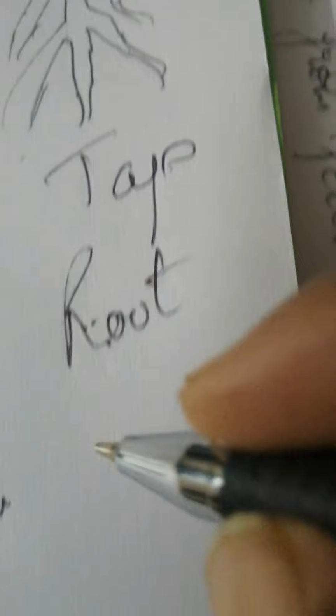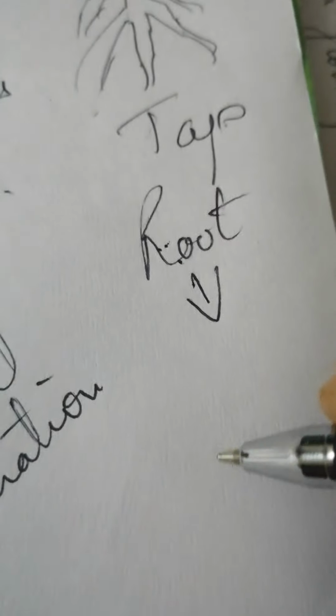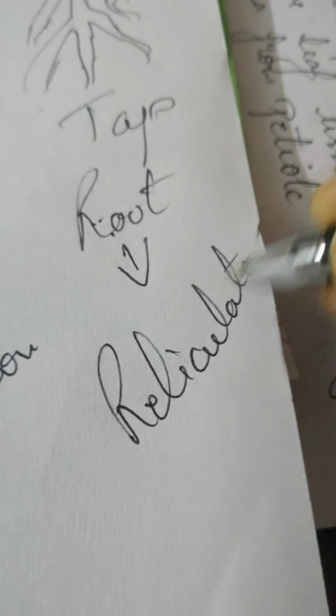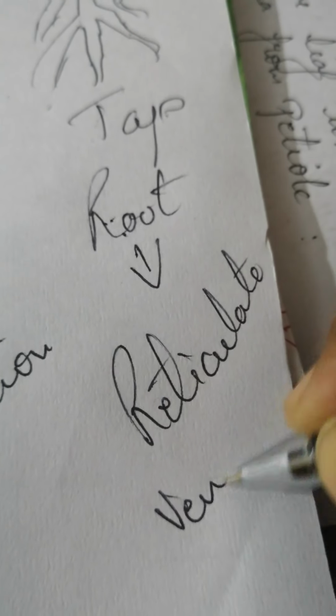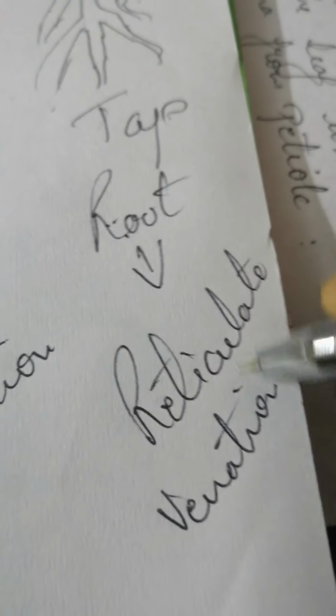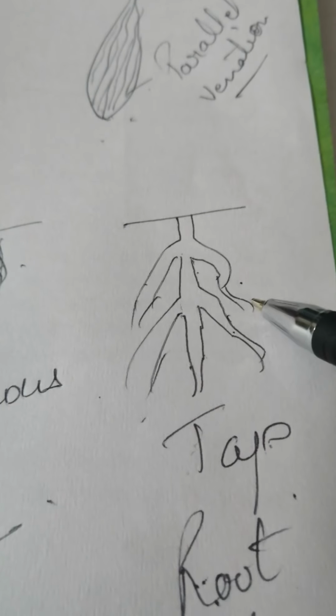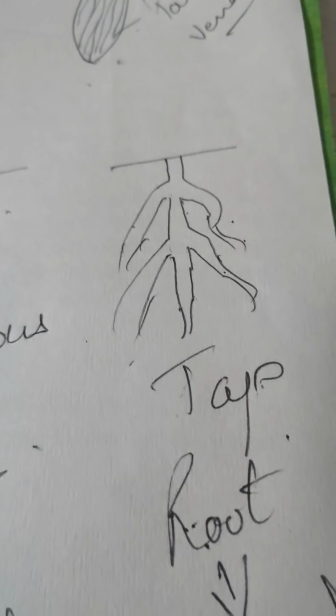If the leaves have reticulate venation, then it will have a tap root. This is your root.